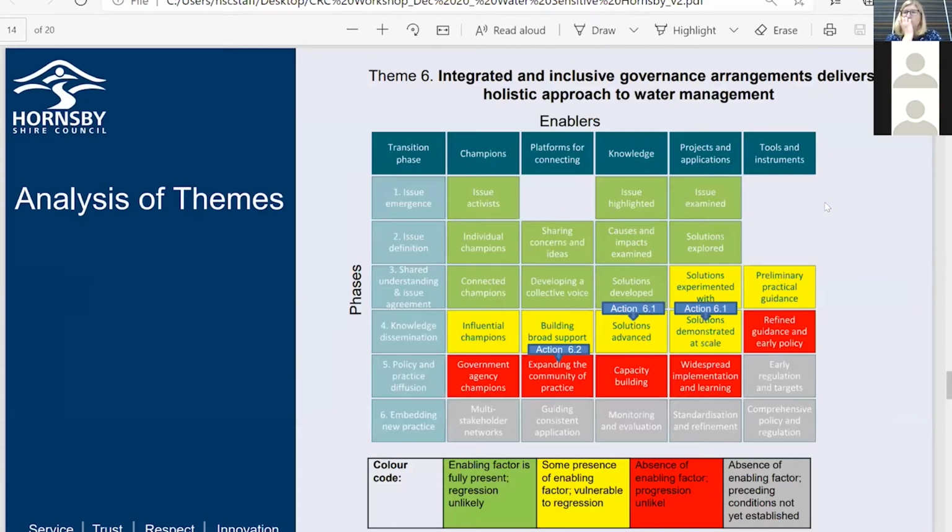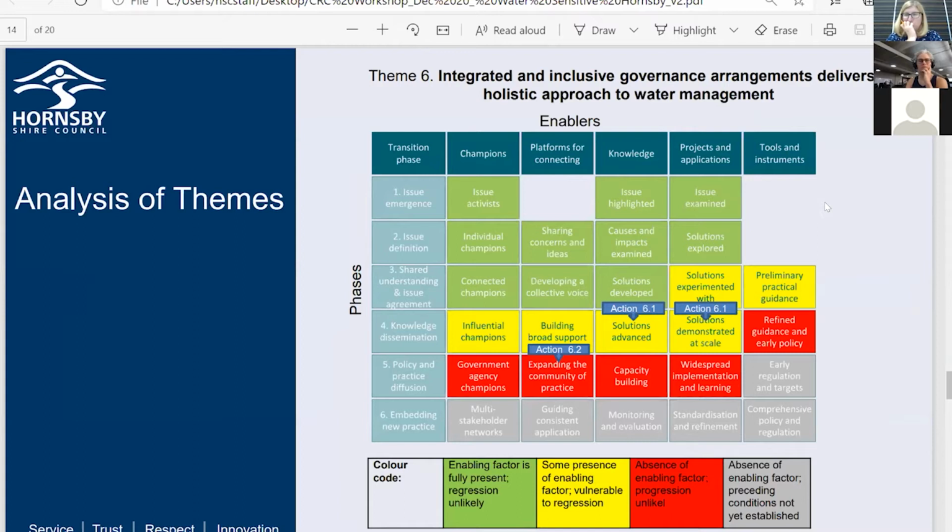So you would have seen this matrix before. Basically, this is the transition dynamics matrix. On the left-hand column, you've got the phases, so the transition phases, and then you have the enabling factors on the top row there. So we worked on each of the vision themes and put those vision themes through this matrix.